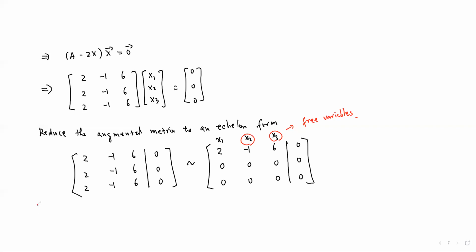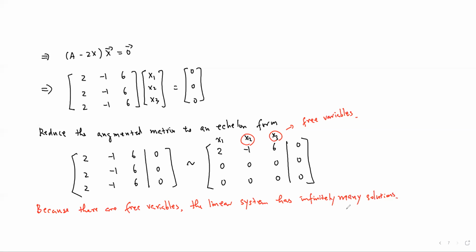Conclusion: because there are free variables, the linear system has infinitely many solutions.